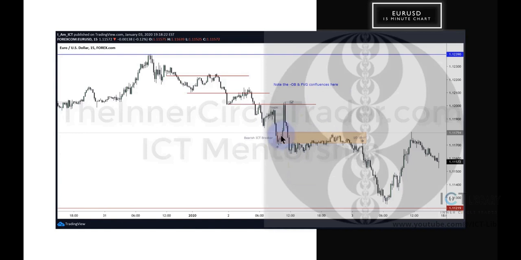I will trade mitigation with adding to an existing trade. I do not like to use mitigation blocks as the inception of a new trade position. And the reason why I don't like to do that is because I prefer and I side on the breaker as a stronger pattern.